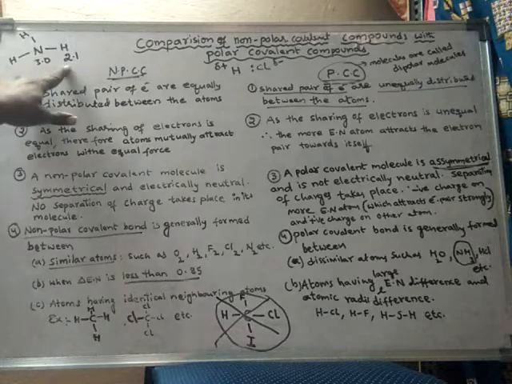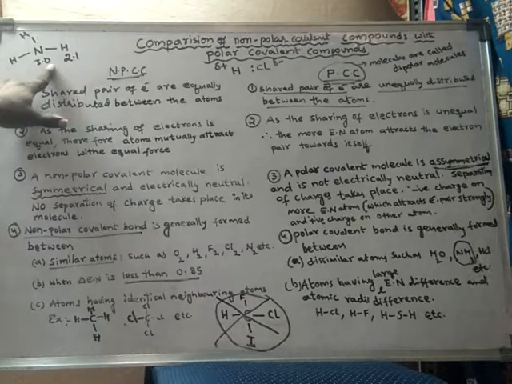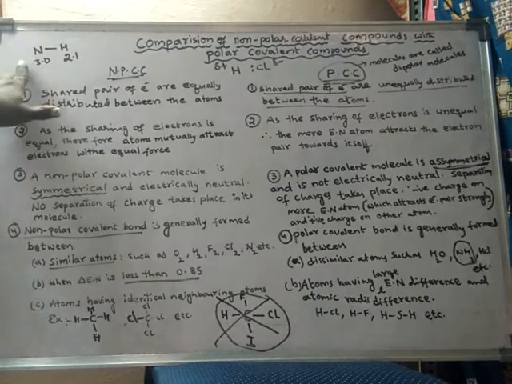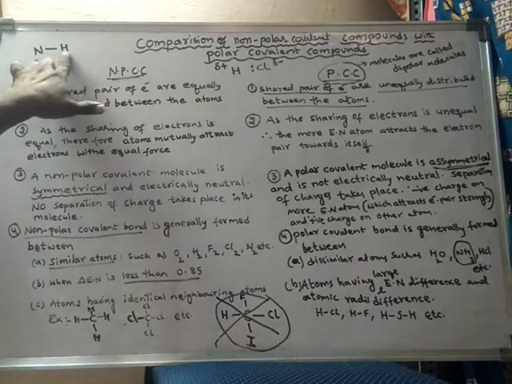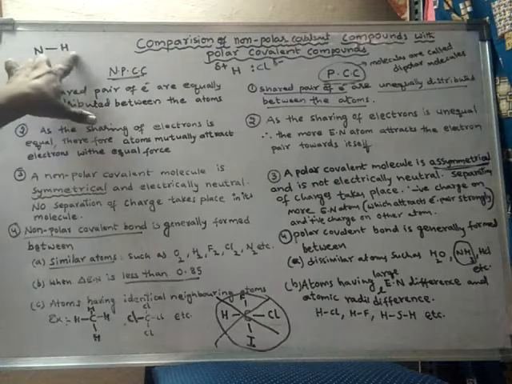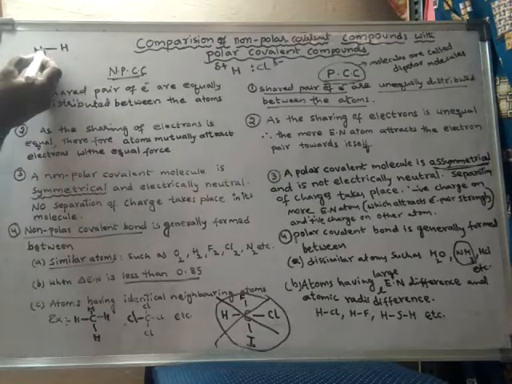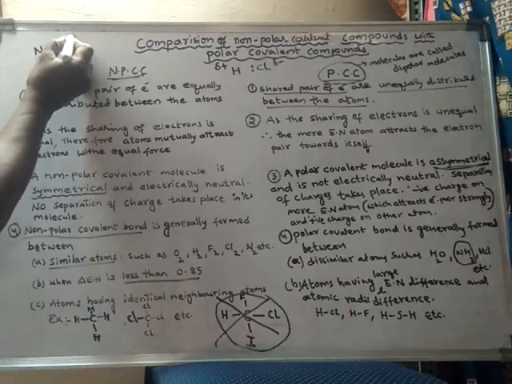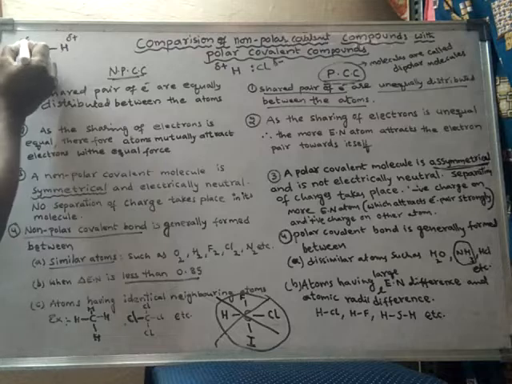Suppose we take ammonia. In ammonia, here there is a more electronegative atom and a less electronegative atom. So what is happening? Two opposite poles are developed.